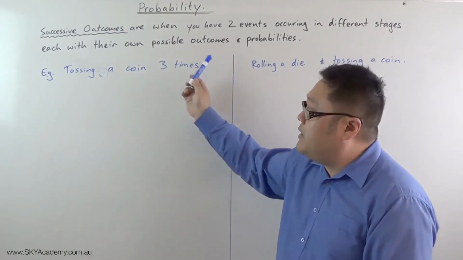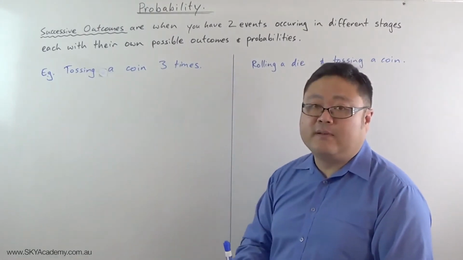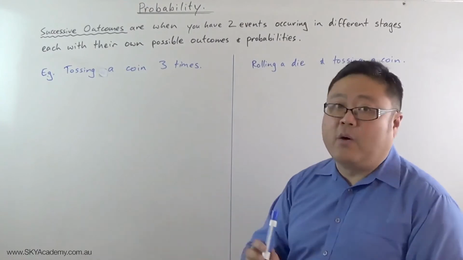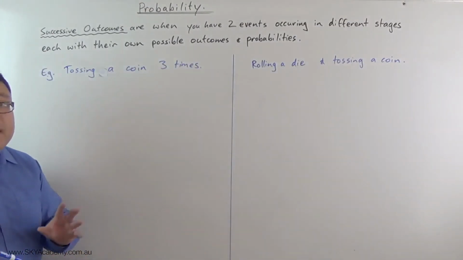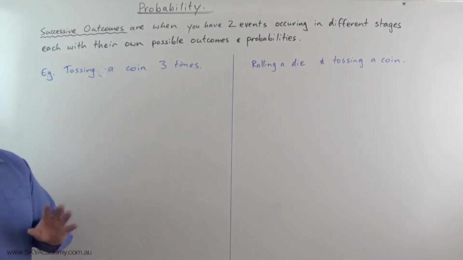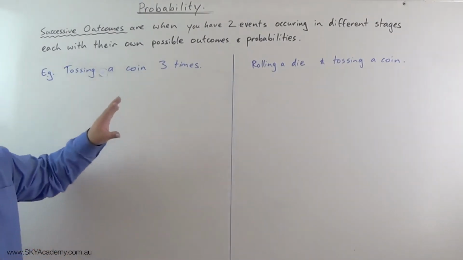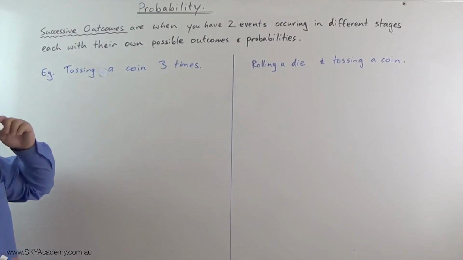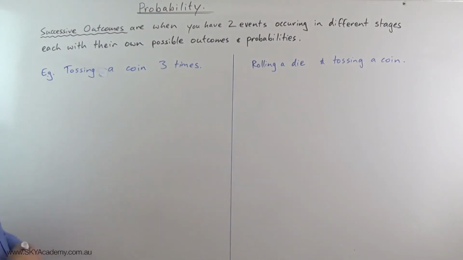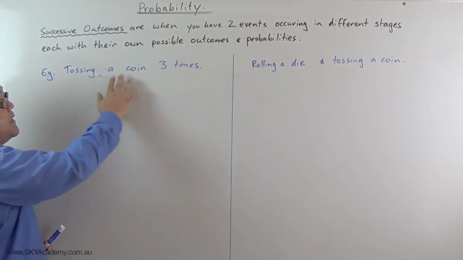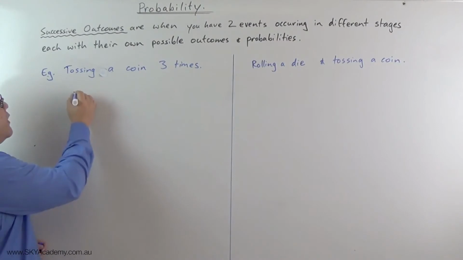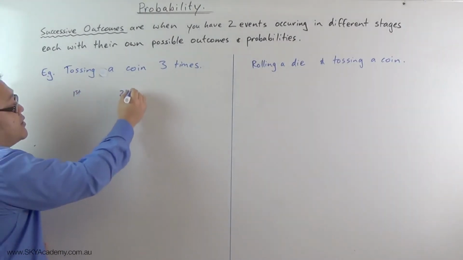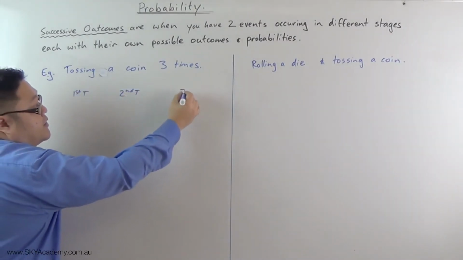Now, when coming across questions like this, the easiest way to go about doing it is using what we call tree diagrams. I want you to become familiar with tree diagrams because it's going to become a very often used strategy with probability. In this example, tossing a coin three times, you've got your first toss, second toss, and then your third toss.